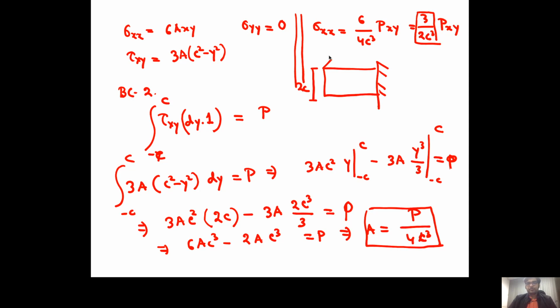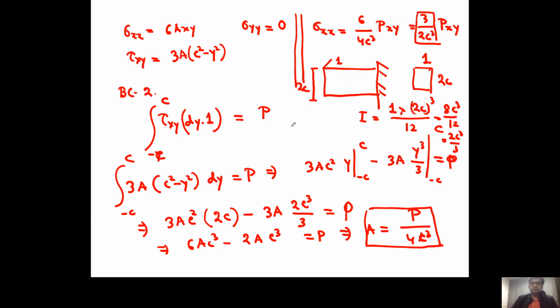If you take this cross section, and I said this is 1, the cross section will look something like this, where this is 2c, this is 1, and what is I for this? bh cube by 12, so 1 times 2c cube by 12, this is 8c cube by 12, which is 2c cube by 3, which is this one.